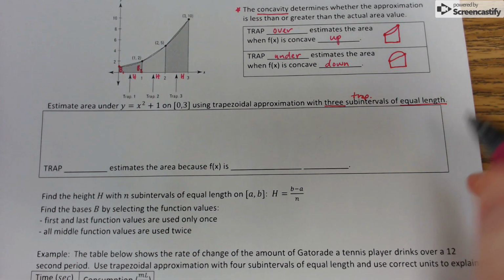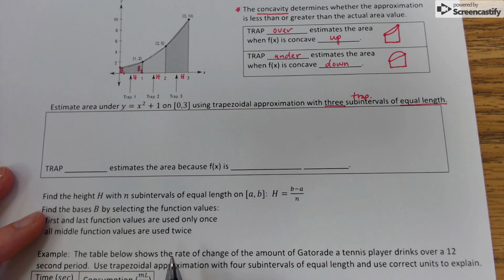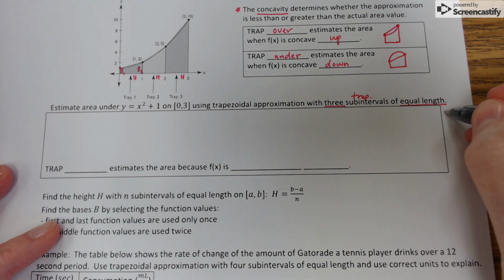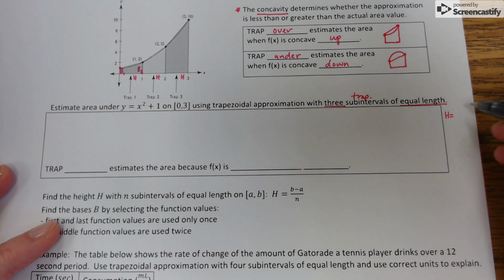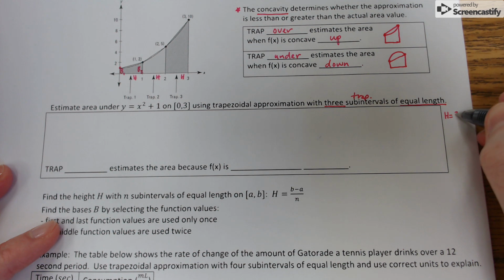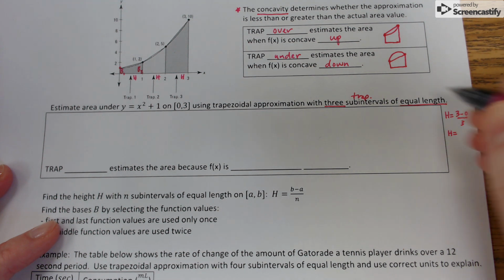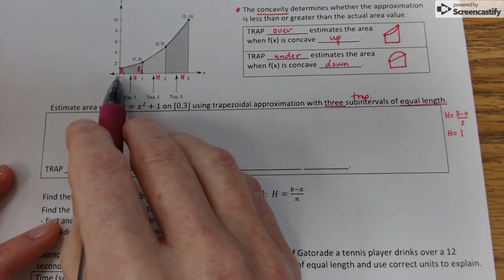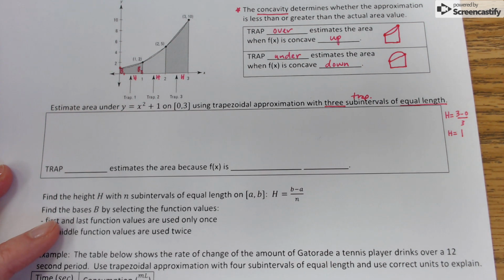So I know I can divide my interval up into 3 equal lengths to find my height. We're going to use that same height formula that we learned for rectangular. That's your difference in your interval, so 3 minus 0 over 3, because we're dividing by how many trapezoids we want. And that gives us a height of 1, and we can confirm that pretty easily with our visual graphic.